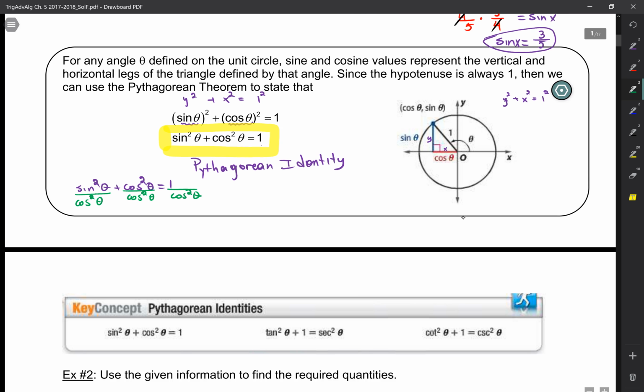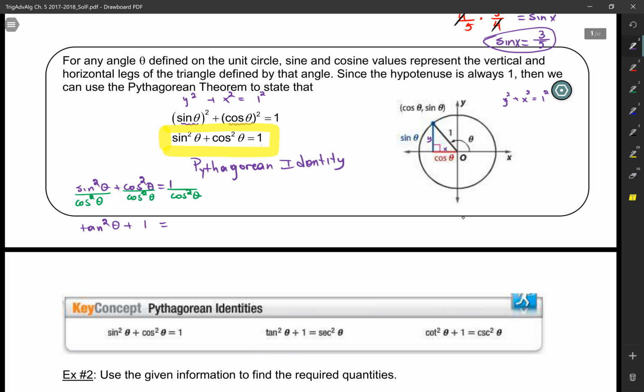Take a look. What do we have here? Sine squared over cosine squared. What's sine over cosine? Tangent. So sine squared over cosine squared is tangent squared. So here I have tangent squared theta plus, what's cosine squared over cosine squared? 1, equals, now I have, what's 1 over cosine?